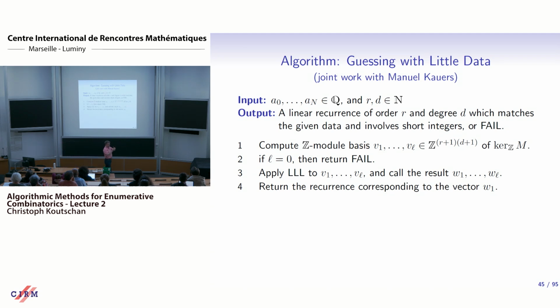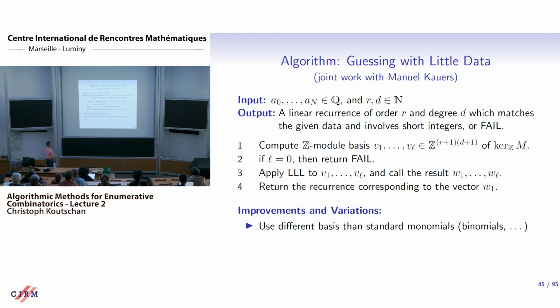Of course, in practice, you may compare how much shorter this vector w1 is compared to the others, and the bigger the gap is, the more confidence you have that what you found is reasonable. And yeah, so there's an implementation and different variants. You can tweak the algorithm a bit by choosing different bases in your ansatz for the recurrence, not just the standard monomials, but the binomial basis or something else.